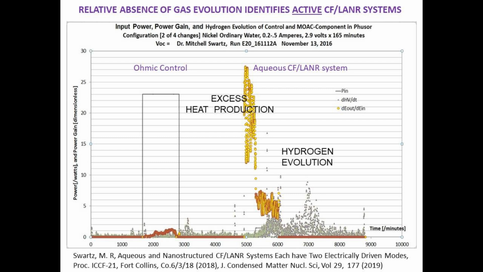When it's working in its active mode, we cannot even see the input power down, which is close to the x-axis. Halfway through, the excess heat production falls and totally diminishes as hydrogen evolution increases. We've been telling you this for years, and here you can see it in front of you.